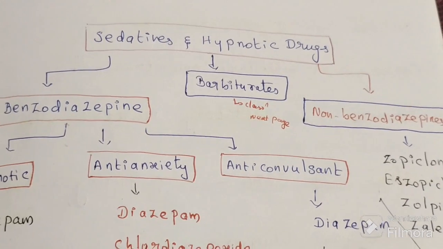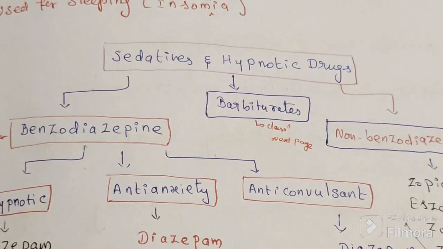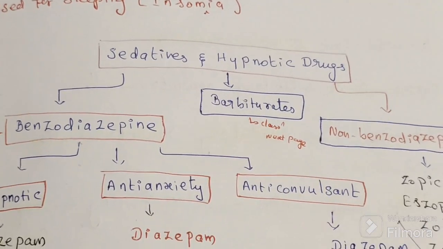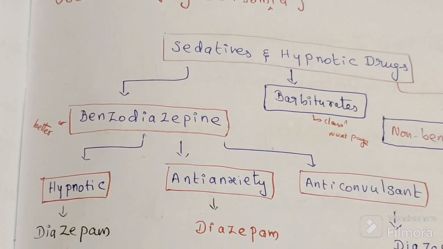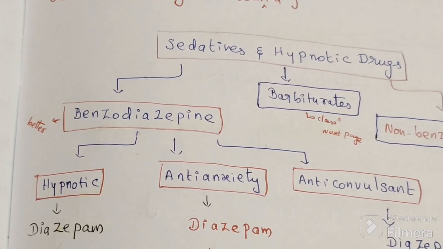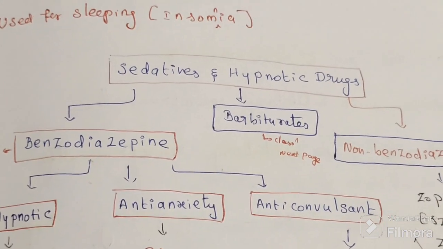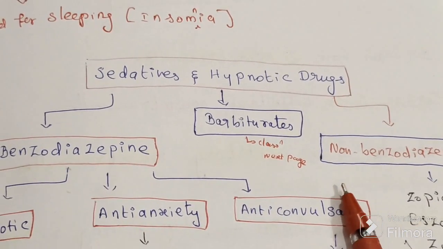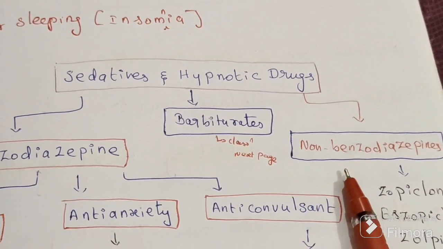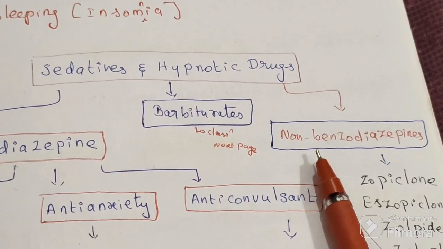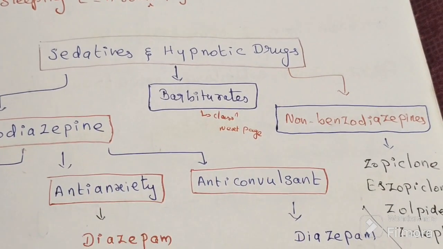Nowadays we use barbiturates basically for anesthesia. Benzodiazepine is the best drug nowadays. We also have a newer form, called non-benzodiazepines, which we are using too.